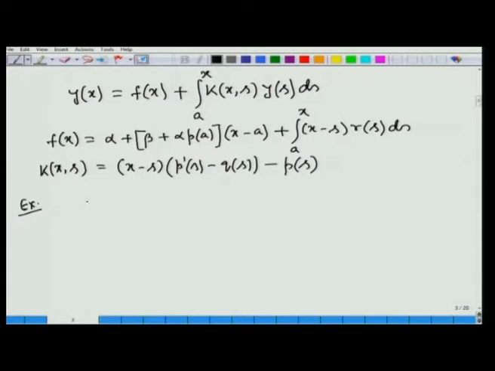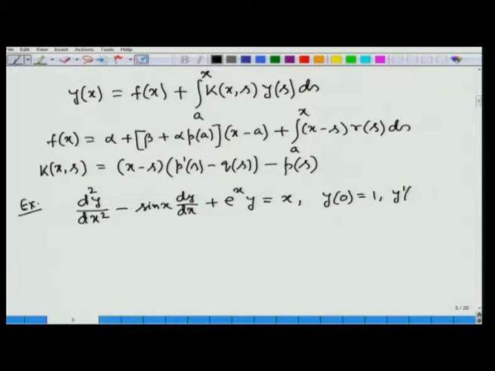We can just have a look at one example. That means, we have to construct the integral equation corresponding to this differential equation d2y dx2 minus sin x dy dx plus e to the power x y is equal to x, where y 0 is given as 1, y dash 0 is given as minus 1.